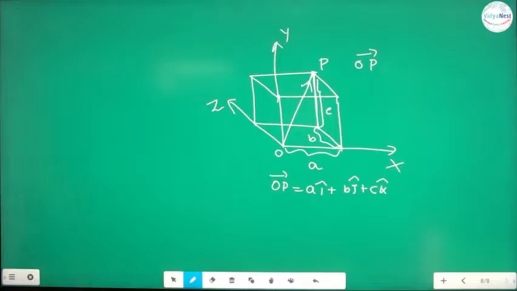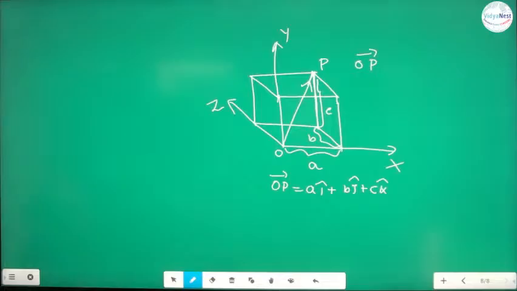Now, actually speaking, in this cuboid, whatever we have drawn, OP is a diagonal, isn't it? Right. So how to calculate the length of this diagonal, Saurabh? You know, the formula was there in class 9 mensuration. Length square plus breadth square plus height square, remember?